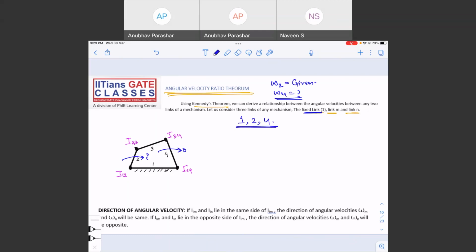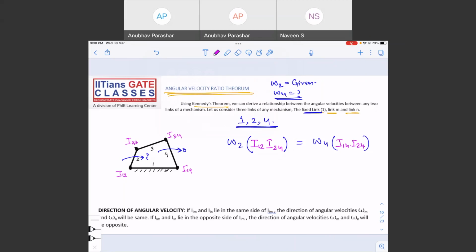How can I write down the angular velocity theorem? Very simple. Omega 2 is given, and I need to find out omega 4. So omega 2 multiplied by I12 I24 is equal to omega 4 multiplied by I14 I24.